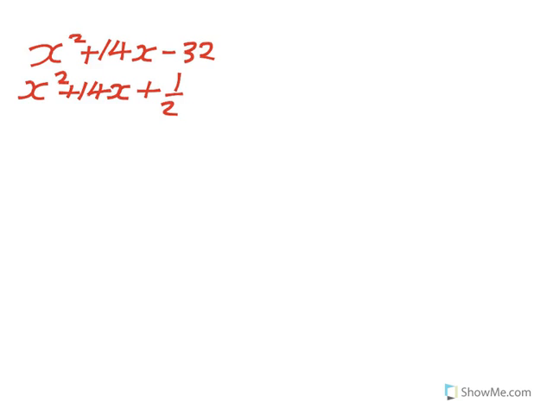Remember we said the number which is the coefficient of x with its sign, it was half of plus 14 there. Half of 14, and then after that you square it. Then you put a square. Now you are going to say minus 32.